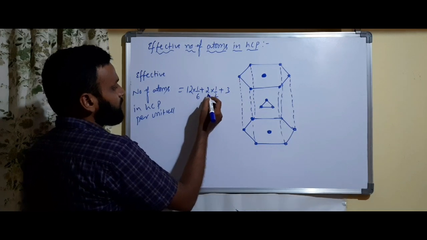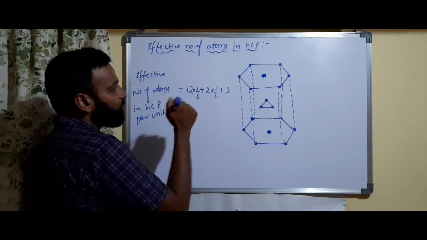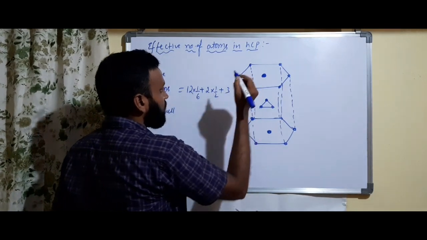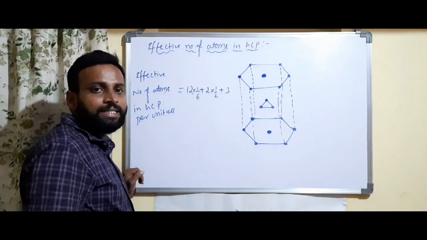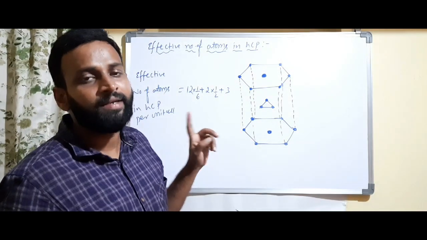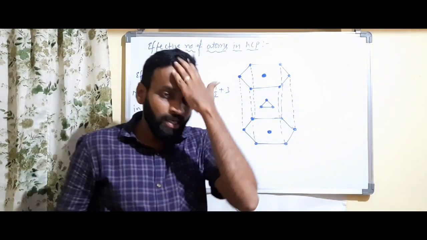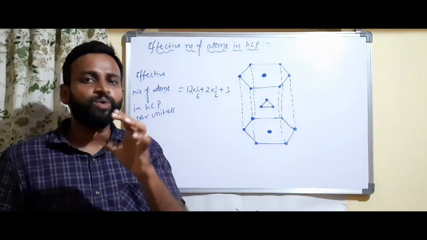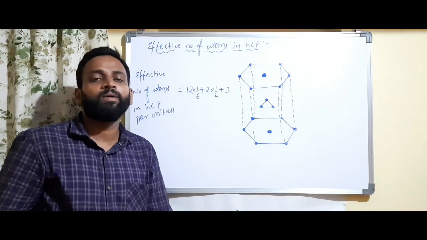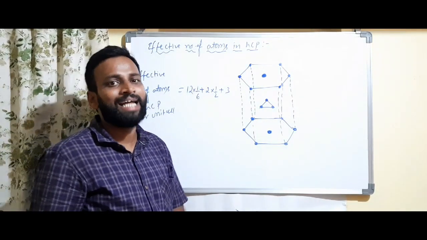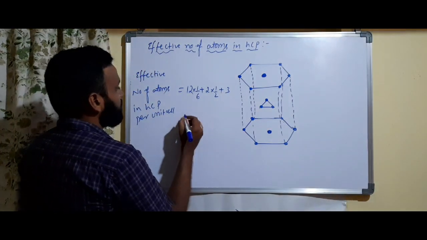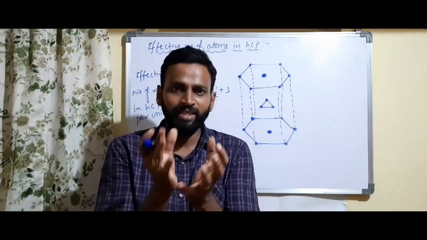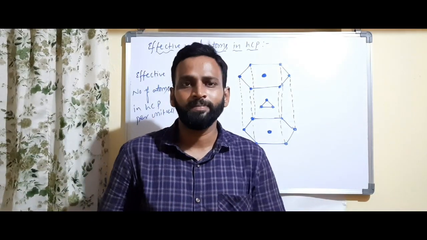So here, 12 into 1 by 6 plus 2 into 1 by 2 plus 3. Why 12 into 1 by 6? Because each corner atom is shared by 6 unit cells in HCP. You remember this one. I'll show you in our regular classes how that happens. Okay, so it's very good, because some kind of things are required to explain that.